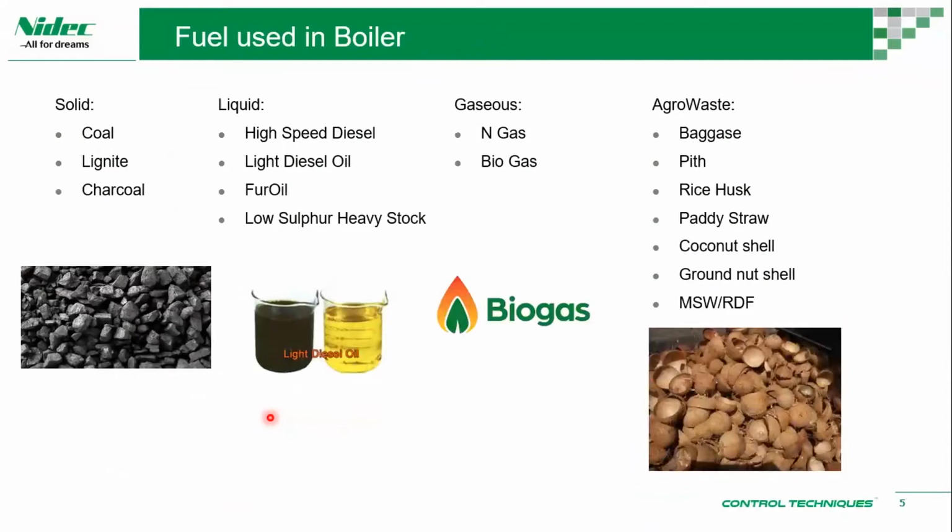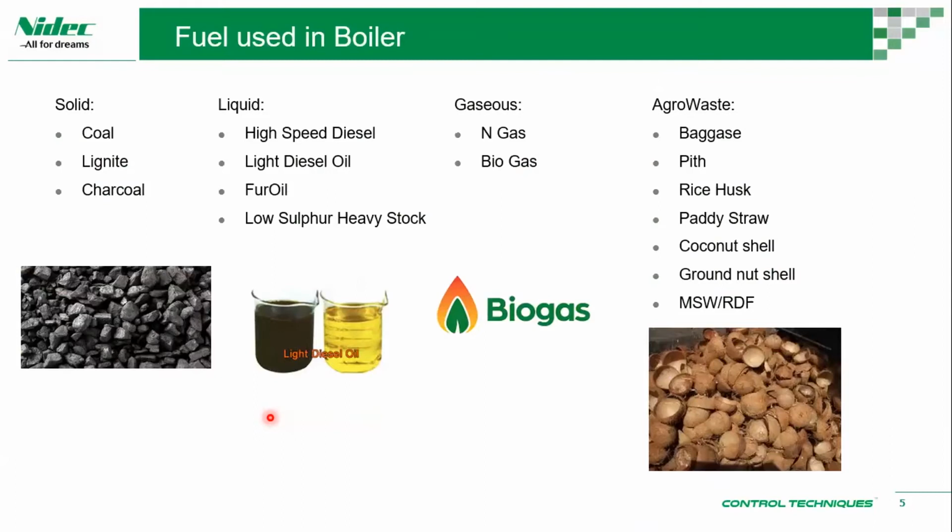Before we start, I want to introduce the fuel that we use in the boiler. We have four kinds of fuel. For solid, we have coal, lignite, and charcoal. For liquid, we have high-speed diesel, light diesel oil, pour oil, and low sulfur heavy stock.